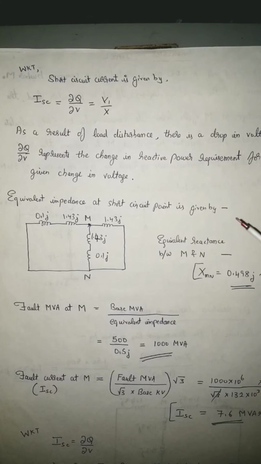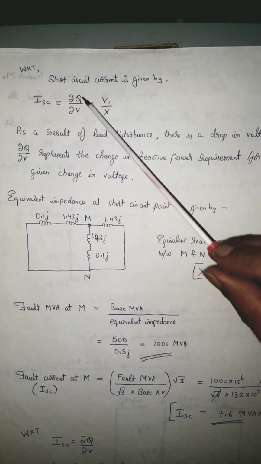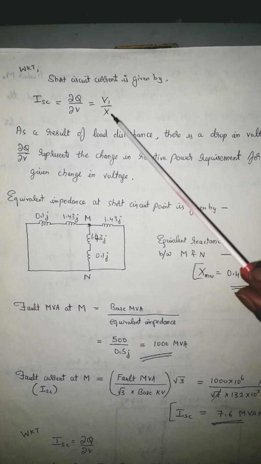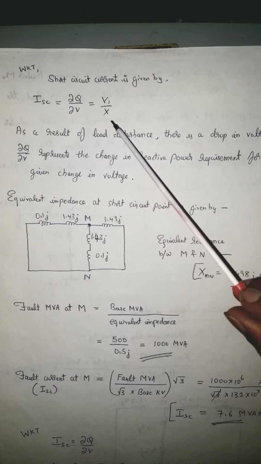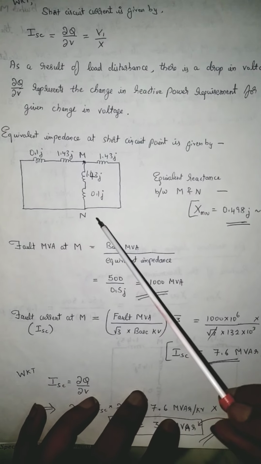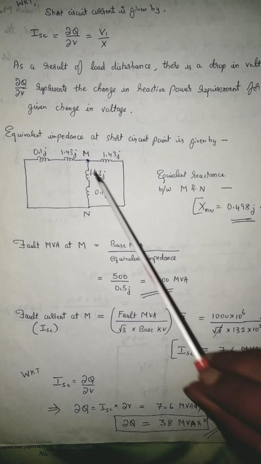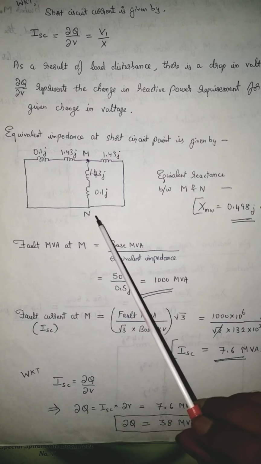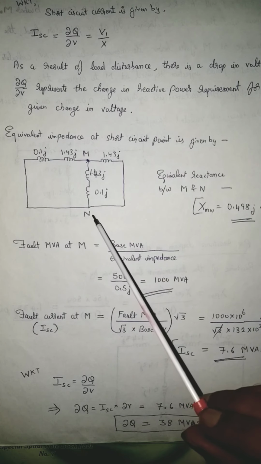Now coming to the previous concept, just now we have understood that short circuit current is given by the ratio of dou Q by dou V, which was given by V1 by X. Now we'll apply this concept here. Let me go back to the per unit reactance diagram. Here I am interested in finding the equivalent reactance between the points M and N. I've called this point N. Simplification is very easy.